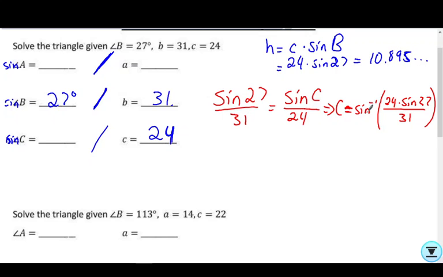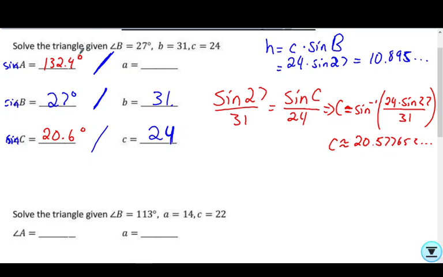Because we're looking for an angle, we're using our inverse trig function, so C is approximately 20.577652, yada, yada, yada. I always tell my students to round to the tenth, so this should be 20.6 degrees. Now that I have two angles, since I know they all add up to 180 degrees, we can find A by subtracting, and you get angle A is 132.4 degrees.